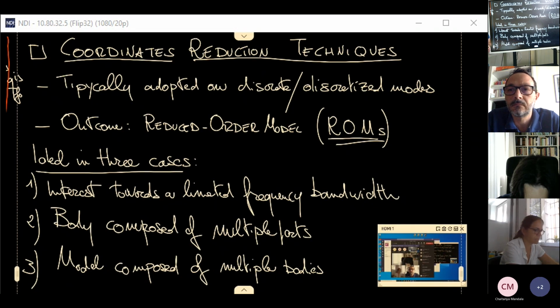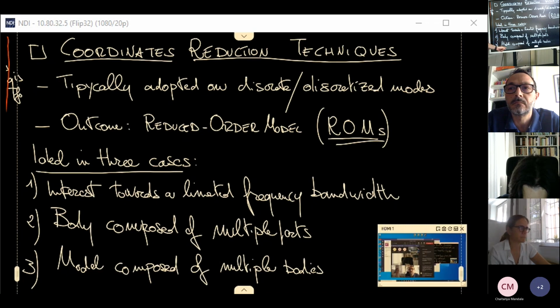Now let's say that you are not very interested in investigating the dynamics of the solar panels. So you can collapse the solar panels to a single body, which is the core of the satellite. This will allow you to reduce the number of degrees of freedom of the body and lighten up the resulting numerical model. So you still have one body, but the overall number of degrees of freedom has been reduced.